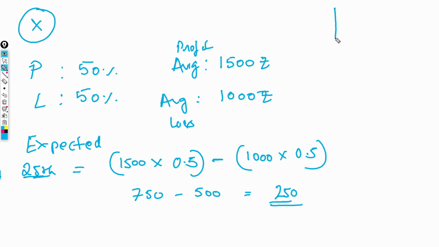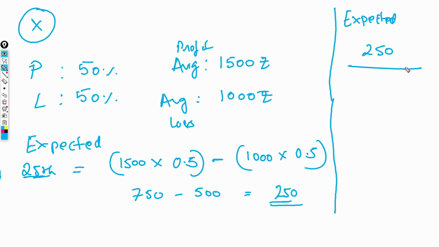Now let me just draw a line here just to separate this part. We know that the expected profit is nothing but 250 rupees, right? So what is the average loss I am having? The average loss is 1000 rupees, right? That means to earn an expected 250 rupees, I am going to risk 1000 rupees tomorrow. 250 is my expected profit.